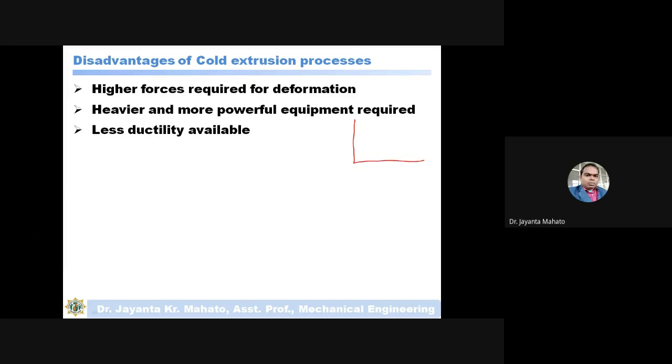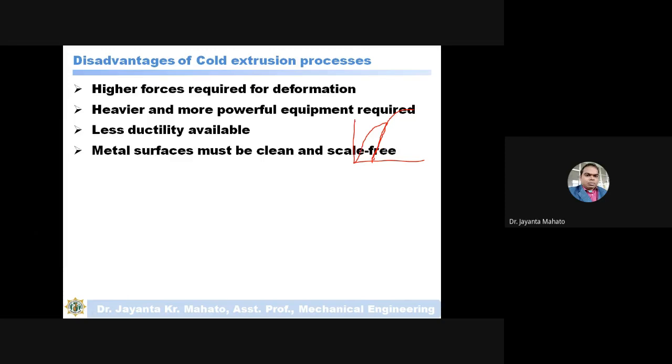So work hardening means that if you apply a force and then unload this force and again apply the force from here, then the next time the strength will increase, but the ductility of the material will reduce too. Okay, so that's why less ductility is available.